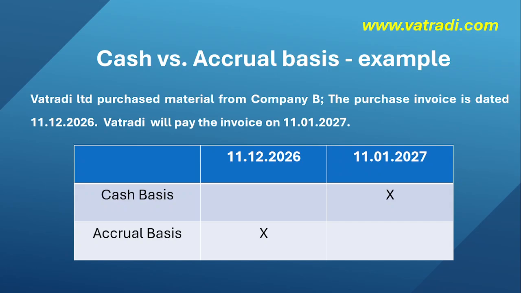Therefore, I will record more profit in 2026 than if I use the accrual basis accounting method, because under the accrual basis accounting method the cost must be recorded in 2026.